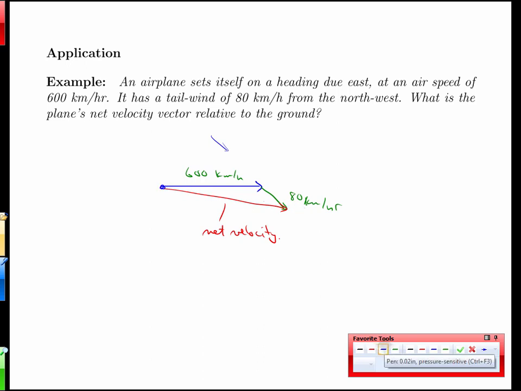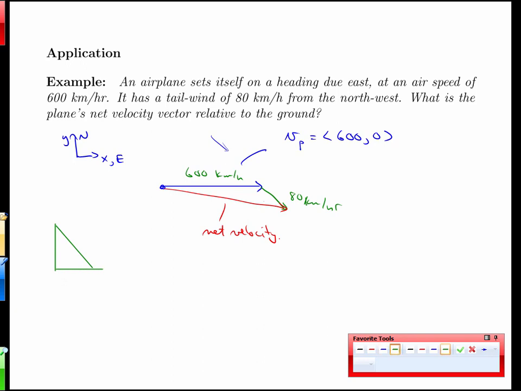Fortunately, the net velocity is just the sum of these two vectors, and let's call the plane's v plane. It's pretty clearly (600, 0) if we take our traditional x and y perspective, east and north. The trickier one is the velocity of the air, but it's not too bad once we realize we're just dealing with Pythagoras here.